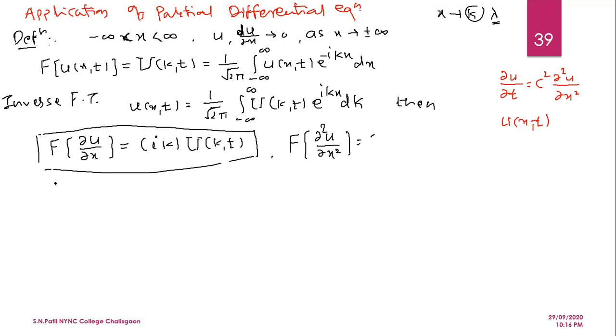See the generalized formula. The Fourier transform of the nth derivative of u with respect to x is (ik)^n times capital U. Okay, so if n is 2, then i² is minus 1, so it is minus k² U, where U is a function of k and t.